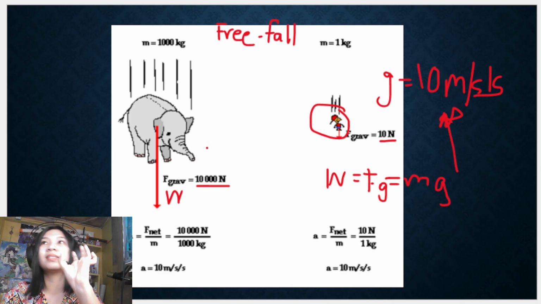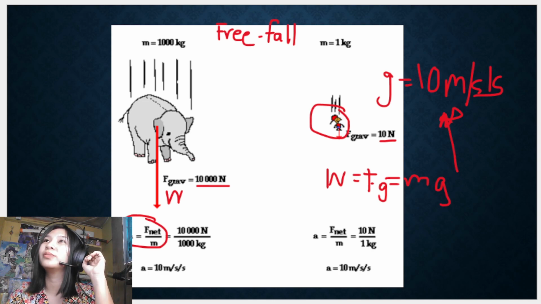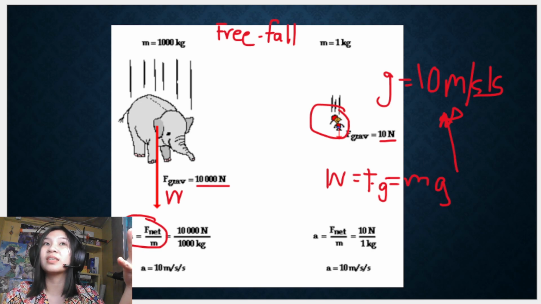To get the acceleration, we derive it: acceleration is equal to the net force over the mass. Okay?